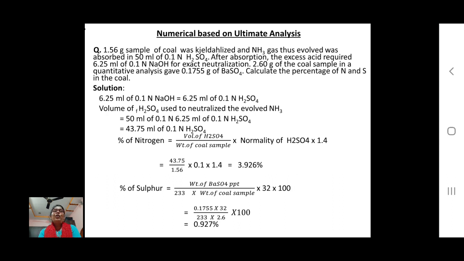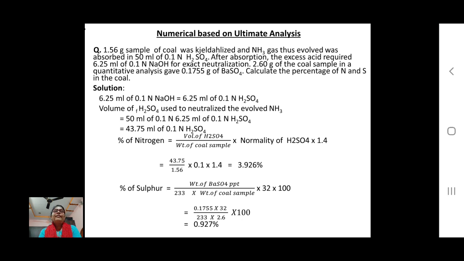So 6.25 milliliter of 0.1 N sodium hydroxide is equal to 6.25 milliliter of 0.1 N H2SO4. Again, in the form of normality, it is easier.